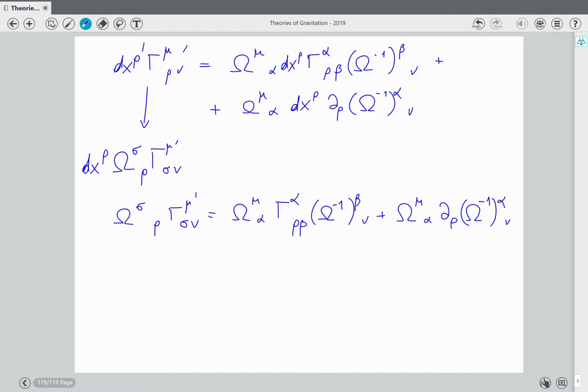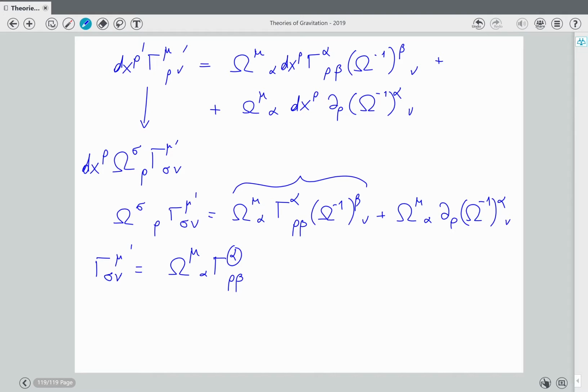And so it's sufficient to multiply by omega to the minus 1 to move this matrix to the right hand side and write this. And what you get there is that gamma alpha rho beta transforms in the first contribution here as it should.